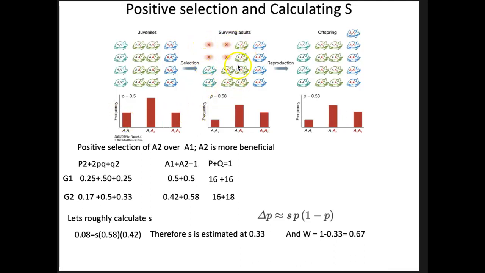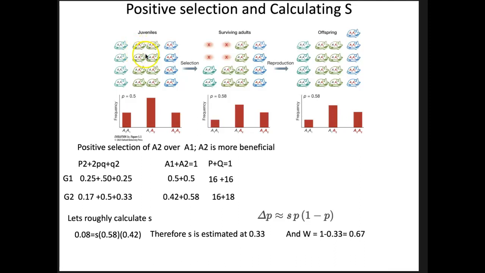And so the death of some of those has affected the frequency of alleles in the population. So p is going to be the frequency of A sub 1 alleles in the population. All of the turquoise rats have A sub 1, so they are A sub 1 homozygous rats.